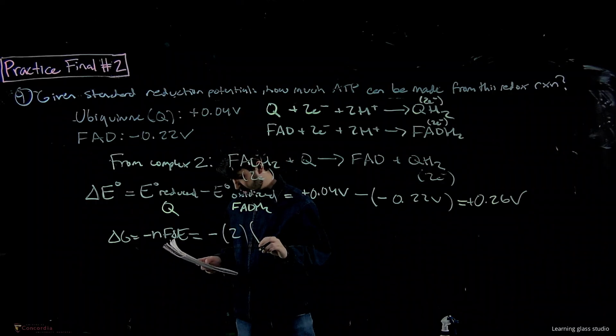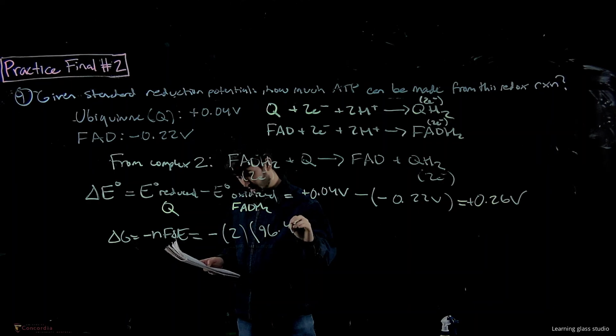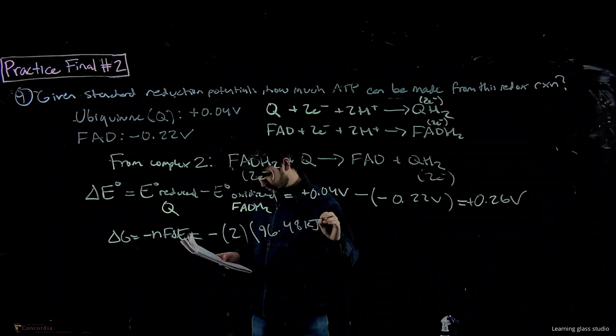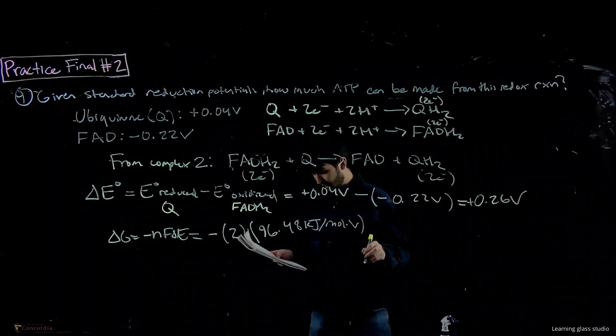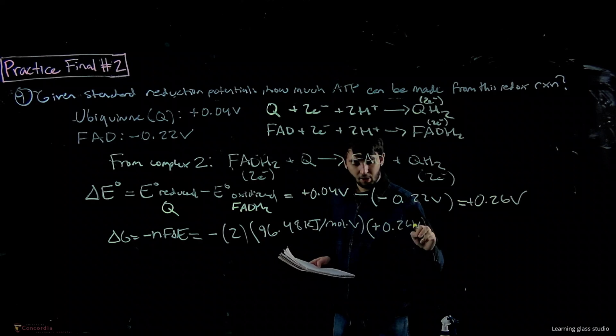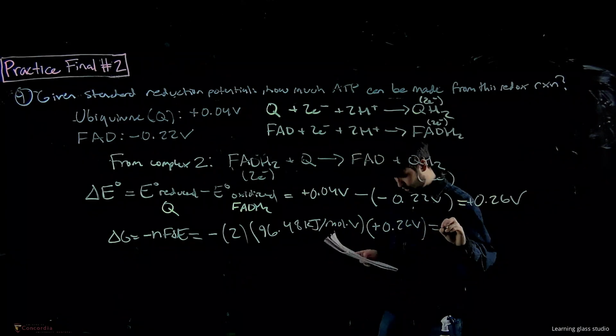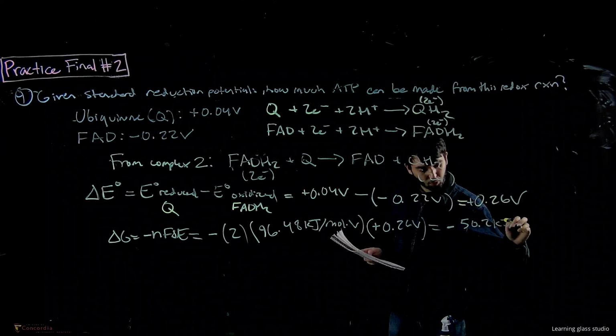And F is Faraday's constant, 96.48 kilojoules per mole volt, and then our voltage difference plus 0.26 volts, and this gives us a delta G of negative 50.2 kilojoules per mole.